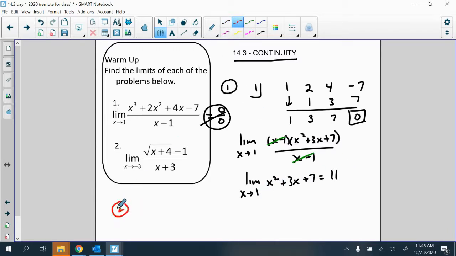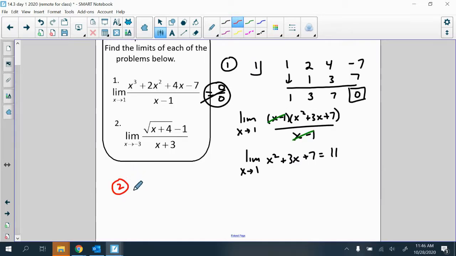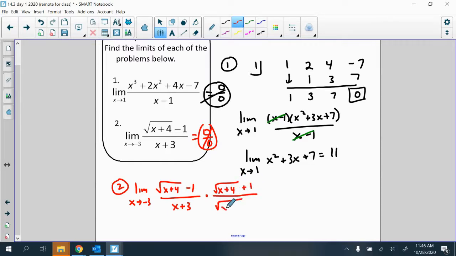Problem 2, in order to do this one, we're going to have to take the limit and realize that I also have an indeterminate form. The algebra way that I can deal with this is to multiply by the conjugate of the thing with the square root.